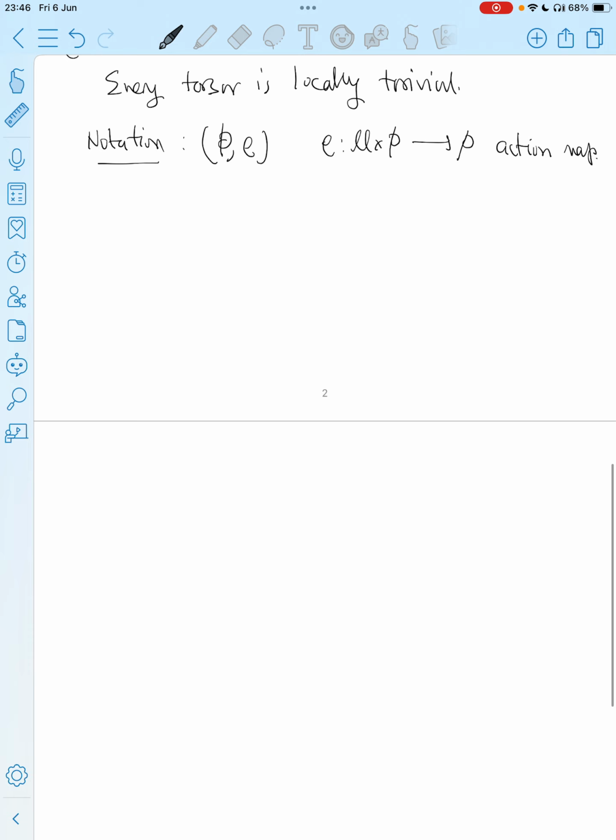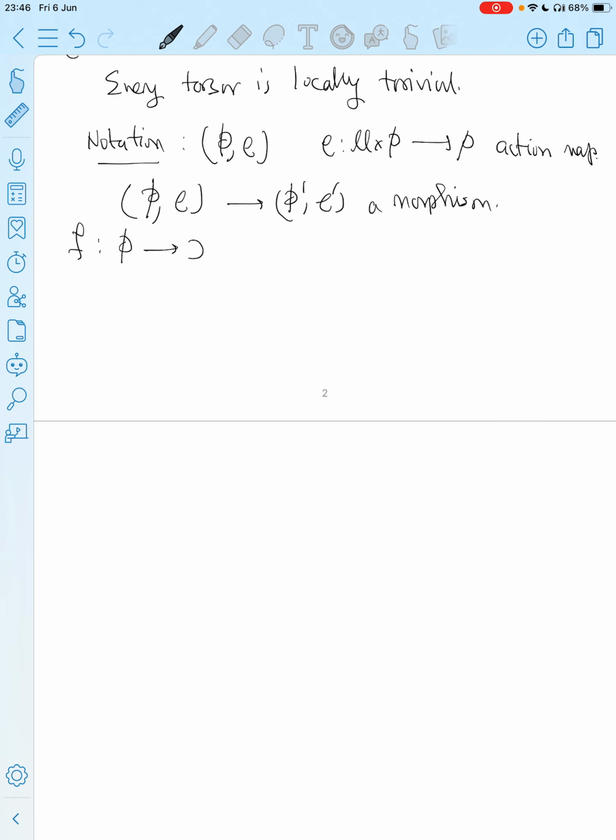Now, if you are given two torsors, one is (P, rho) and another one is (P', rho'), then a morphism is basically a morphism of sheaves such that the obvious square commutes.